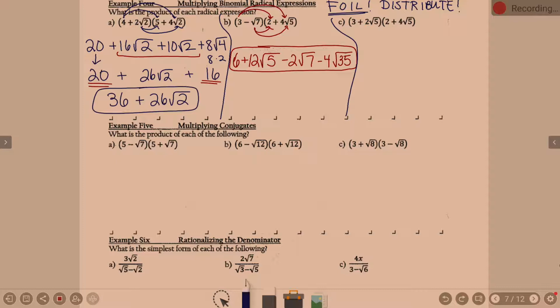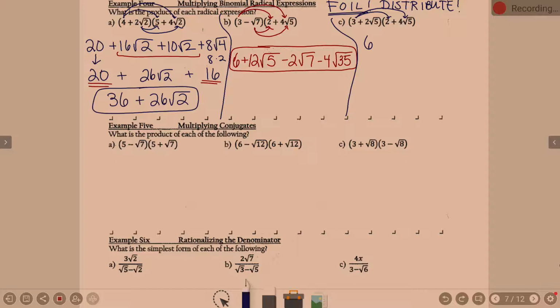Okay, 3 times 2. 3 times 2 is 6. Okay, then what do I do with the 3? Three times 4 square root of 5. Multiply outsides with outsides, square roots with square roots.